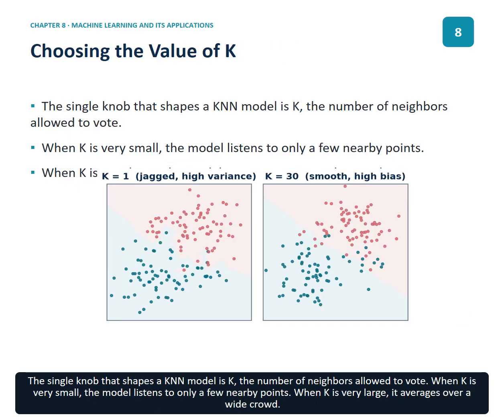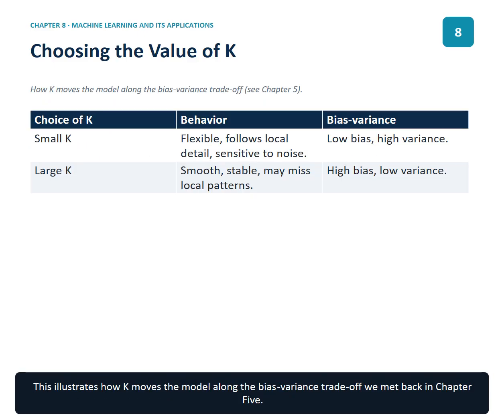The single knob that shapes a KNN model is K, the number of neighbors allowed to vote. When K is very small, the model listens to only a few nearby points. When K is very large, it averages over a wide crowd. This illustrates how K moves the model along the bias-variance trade-off we met back in Chapter 5.